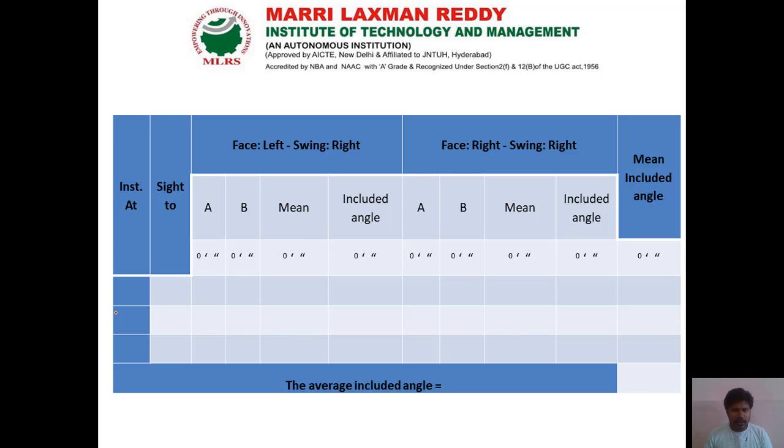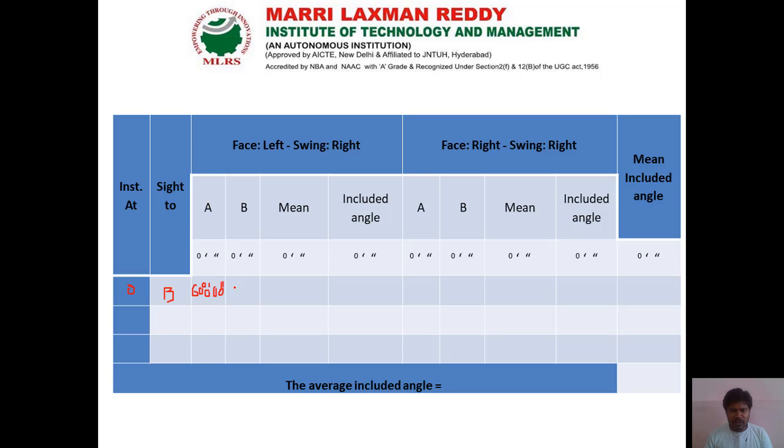So my instrument is at point O, side to A, and then side to point B, so the angle value is 60 degree, 0 minutes, 00 seconds. Now in vernier B I said we have to take only minutes and seconds.